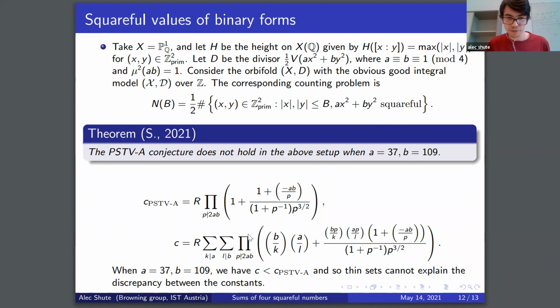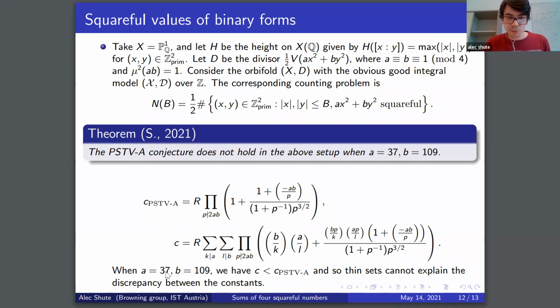And here's the expression for the leading constant that we obtained. And you can see that it's similar to C_PSTV-A. So if we put k equals 1 and l equals 1 here, we get out precisely C_PSTV-A. But then we also have some other things going on, at least when A and B are greater than 1, involving some non-trivial characters here.